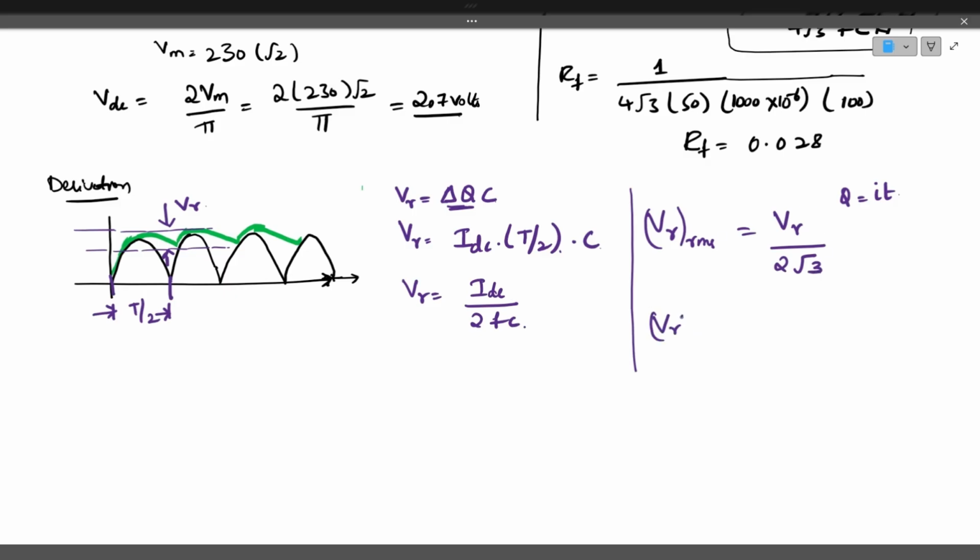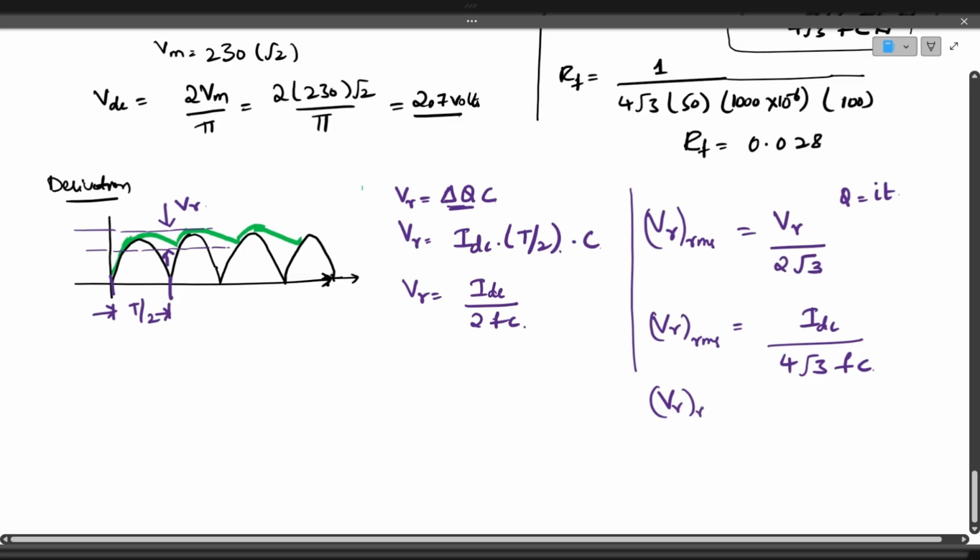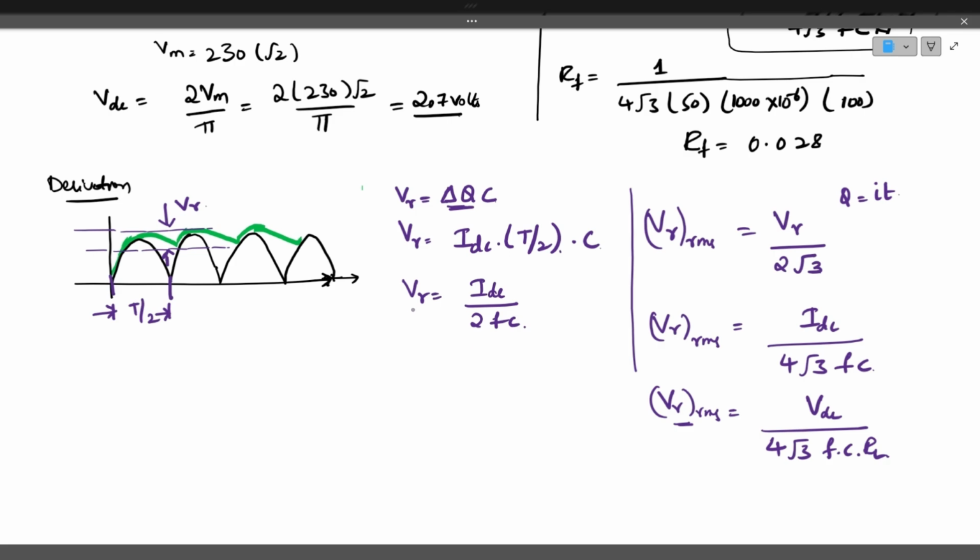So substituting VR, we'll get IDC divided by 4 root 3 into FC. IDC can also be written as VDC divided by RL. So VDC divided by 4 root 3 F dot C dot RL. This is the RMS value of the ripple voltage.